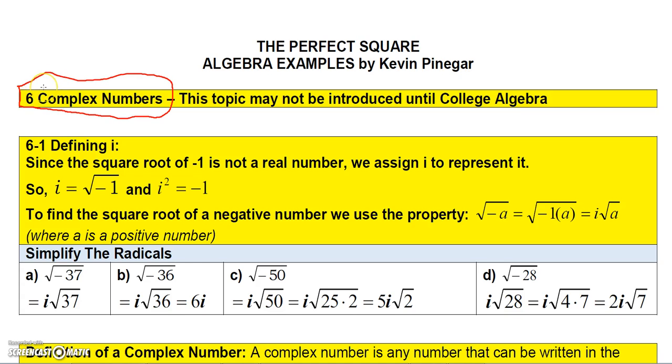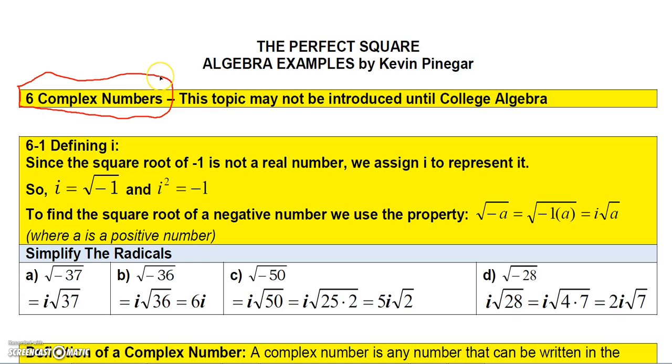And you'll actually see a little bit later when I talk about quadratic equations that I make the disclaimer that if you haven't discussed complex numbers yet, then some of the solutions that I get, which involve imaginary values, I ask my students to ignore them.